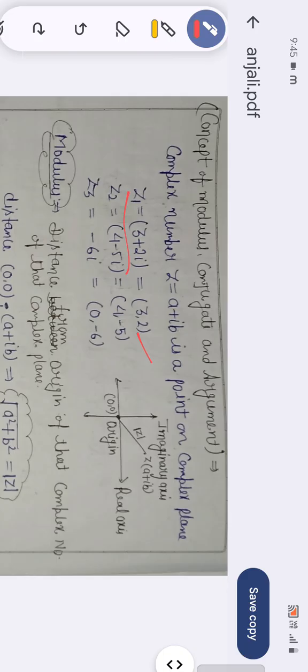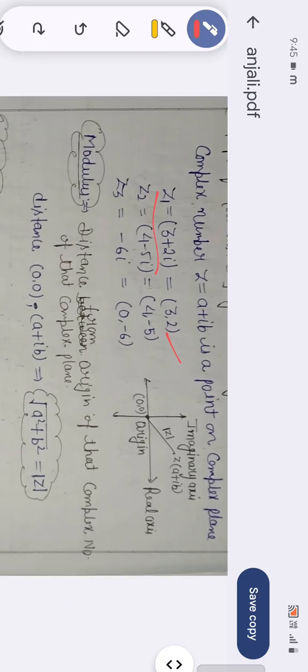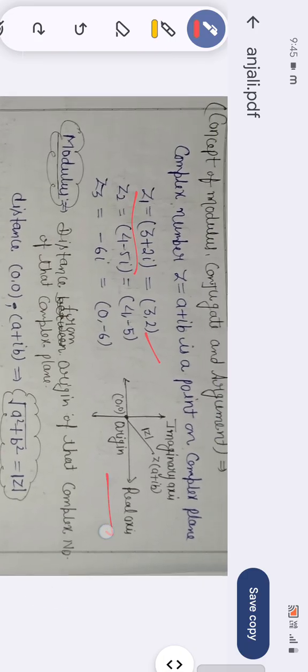It is clear. In the Cartesian plane, the x-axis is always the real axis and the y-axis is always the imaginary axis. Any real number we represent on the real axis, meaning the x-axis, and any imaginary number we represent on the y-axis. It is clear.